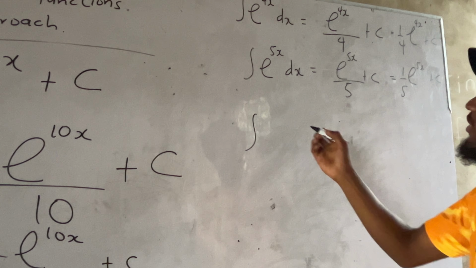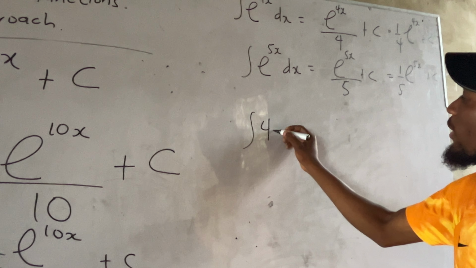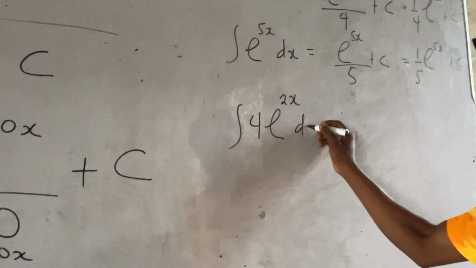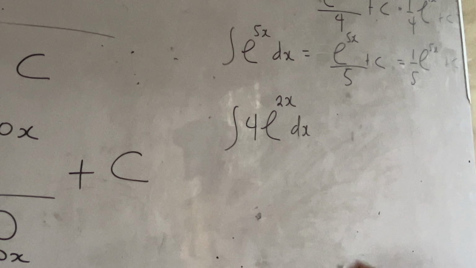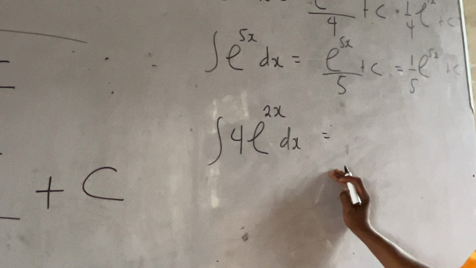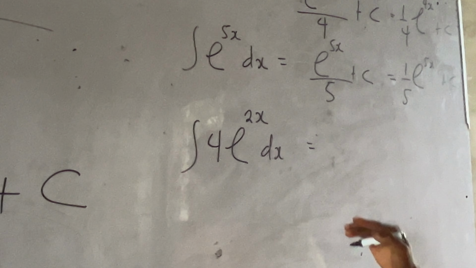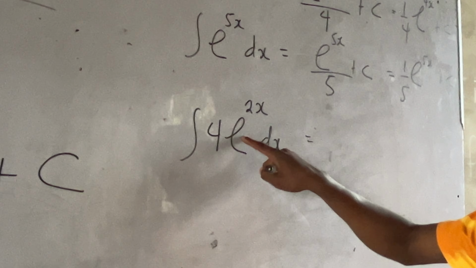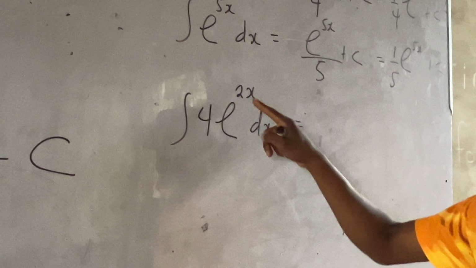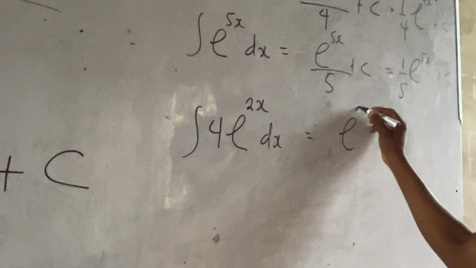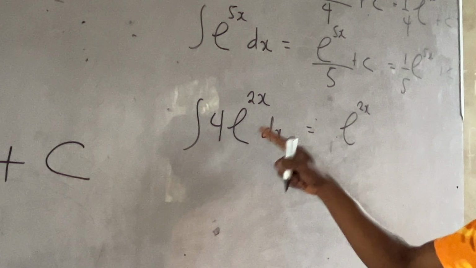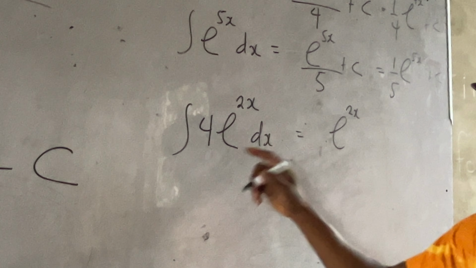Furthermore, we have the integral of, let's say, 4 exponential 2x dx. When you integrate this, you just repeat, copy and paste, e to the power 2x. And this function is multiplying the constant 4.